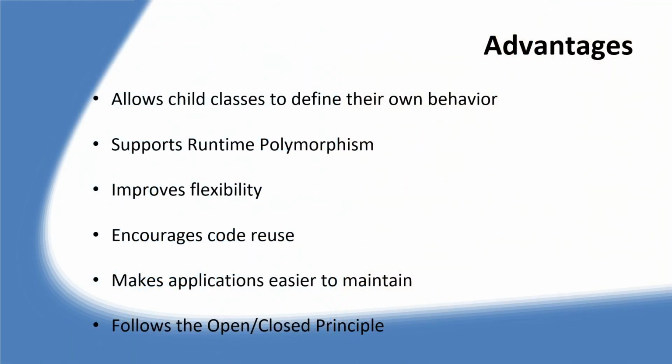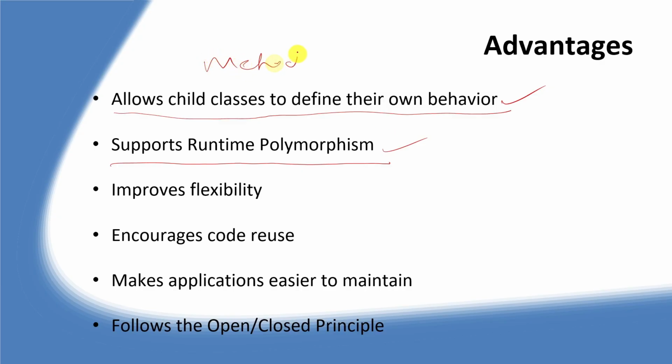So what are the advantages of using method overriding? I just explained the difference, but we are learning method overriding as part of this video. It allows child classes to define their own behavior. It supports runtime polymorphism.